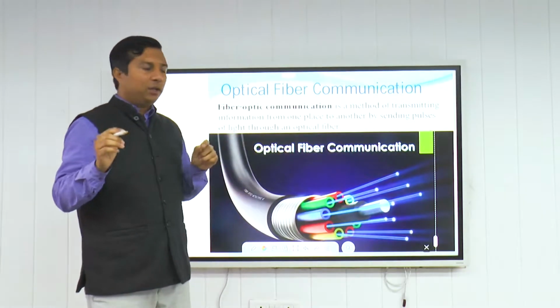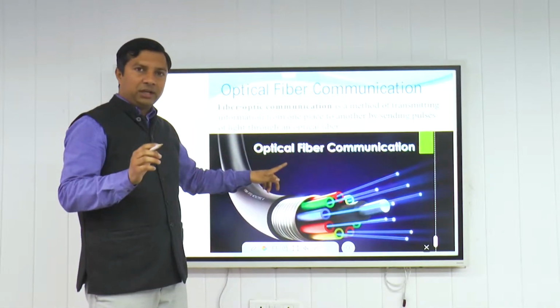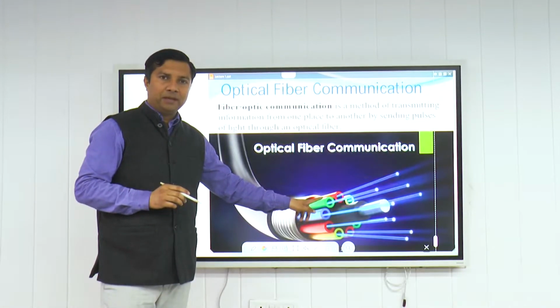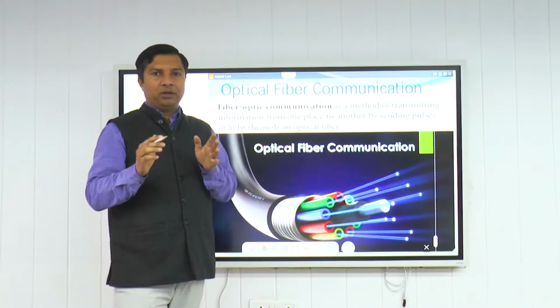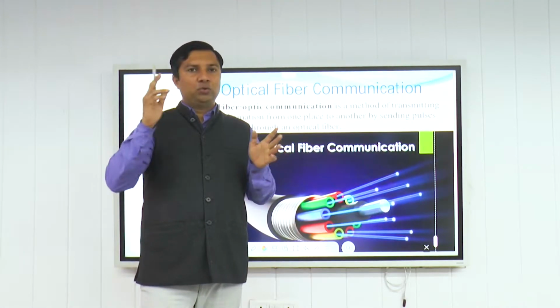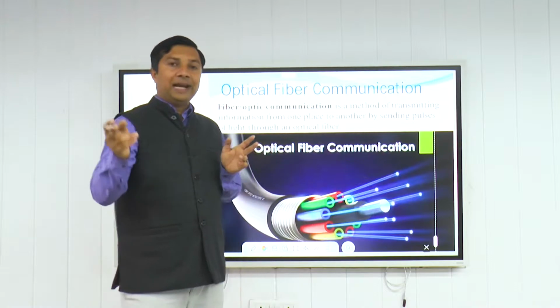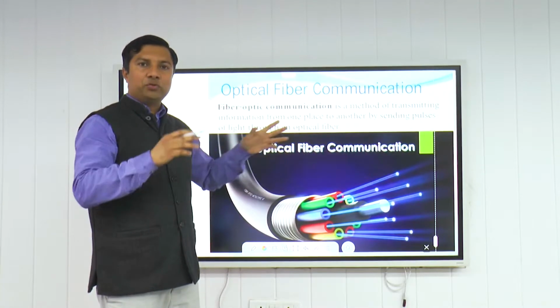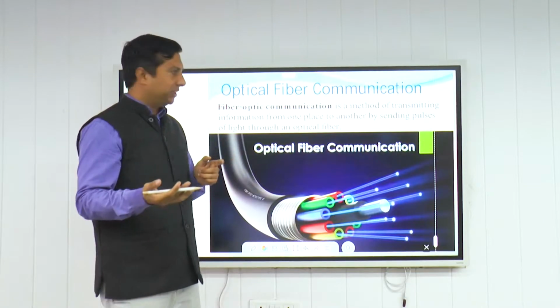On the other side, we can connect that laser light with one end of an optical fiber cable, and this optical fiber cable is used to carry light from the transmitter end to the receiver end. And on the receiver end, we use a photodetector which converts that light into electricity.